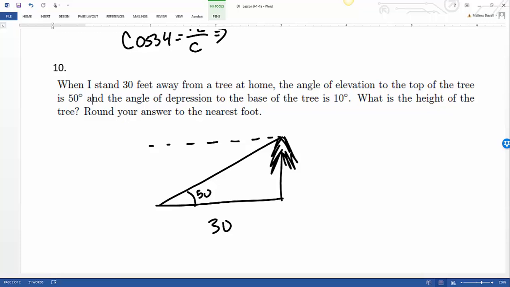Oh, I see what they're doing here. Because we're standing. And the angle of depression to the base of the tree, that's going to be a little different. That's going to be 10.